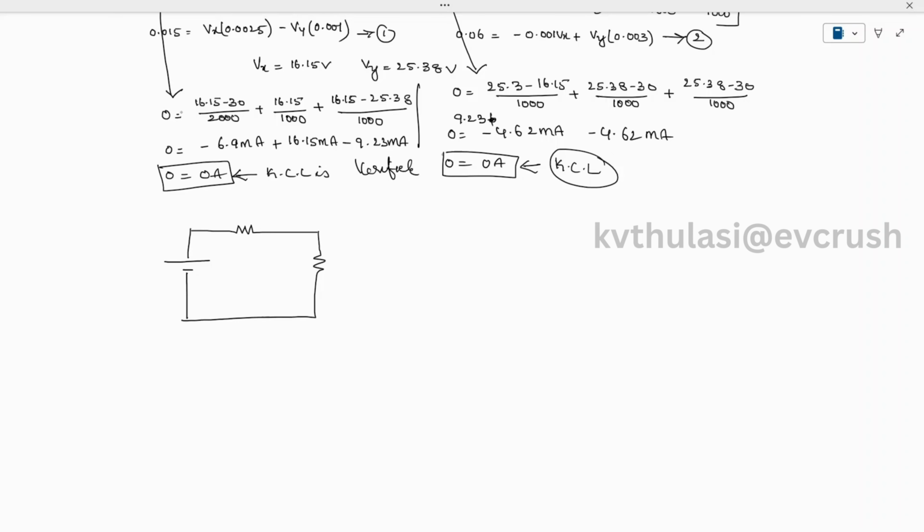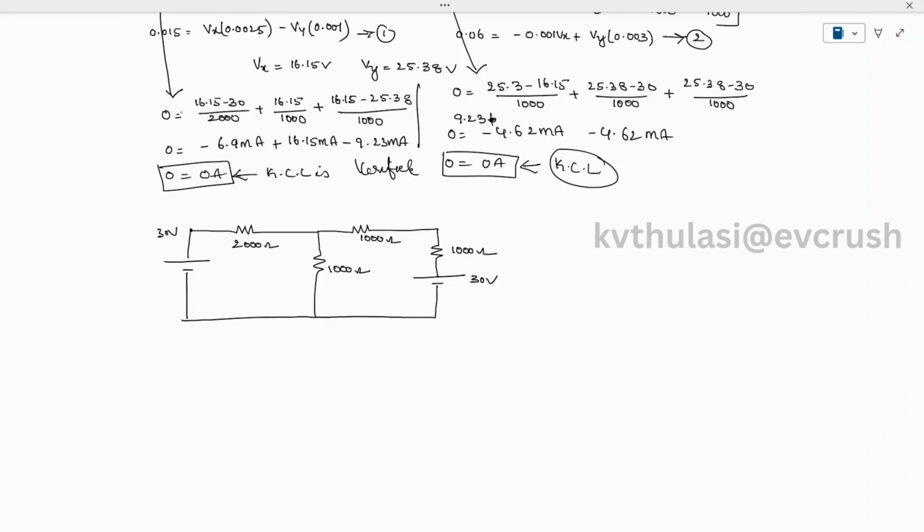This is 1000 ohm and this is also 1000 and this is also 1000. This is 30. Okay. So here this is 2000 ohm. This is 1000 ohm. This is also 1000 ohm, 1000, and this is the 30 volt source and this is the 30 volt source.